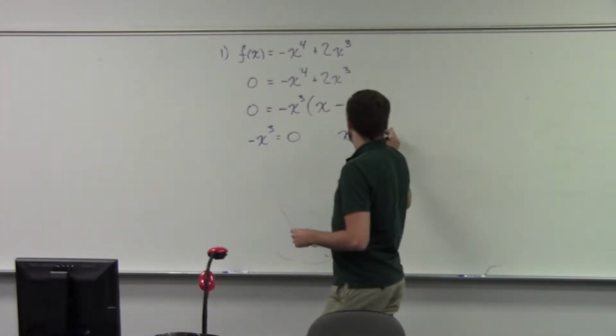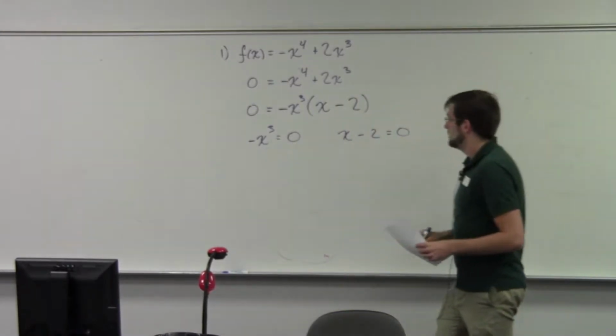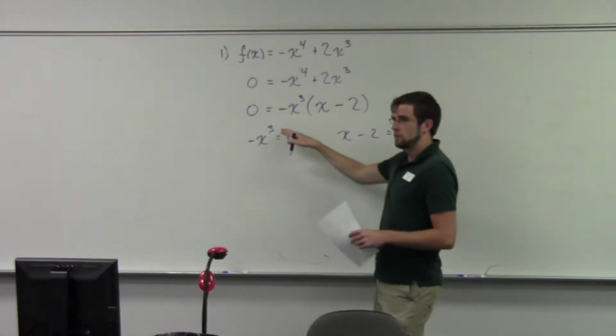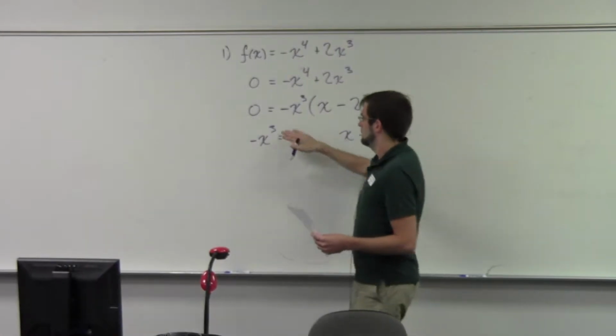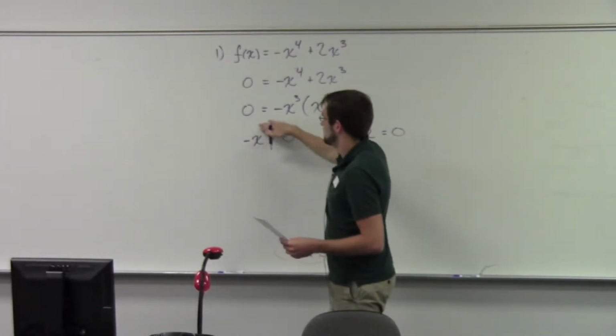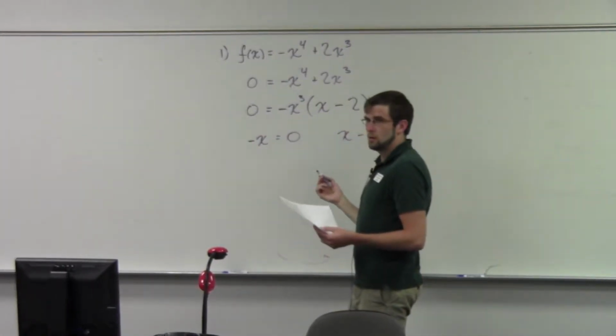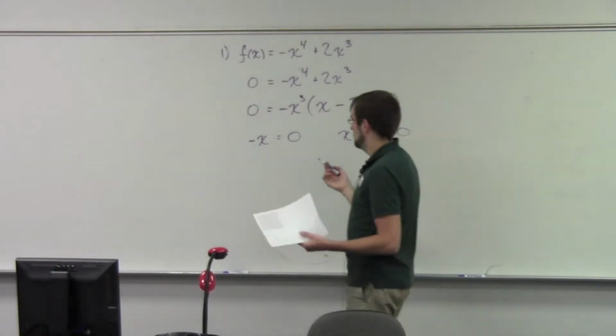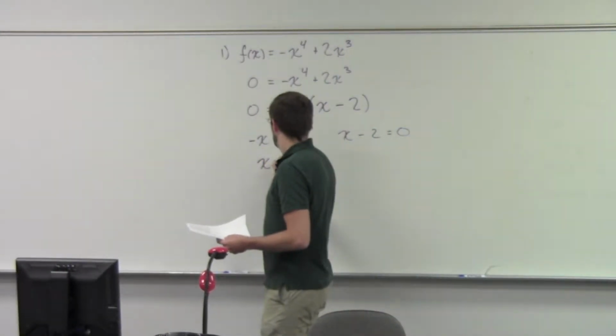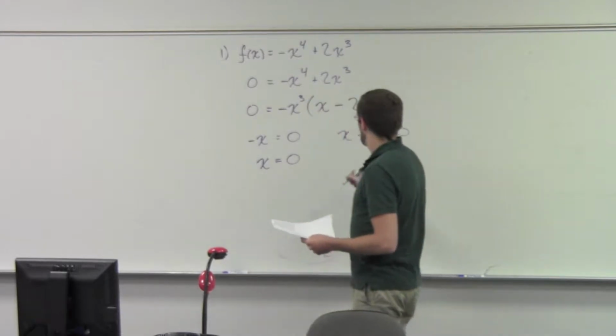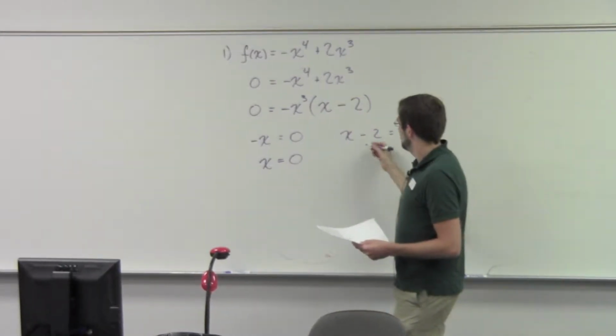And x minus 2 equals 0. Do I really need to look at the power for this guy? No. So I can just look at the negative x. So negative x equals 0, so my zero is going to be 0. I solve this guy.